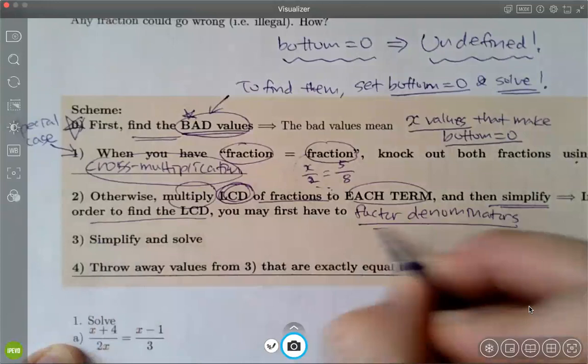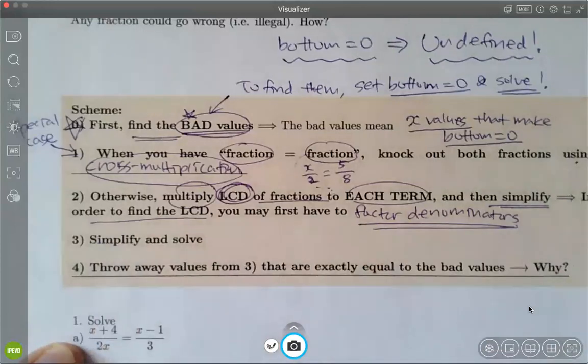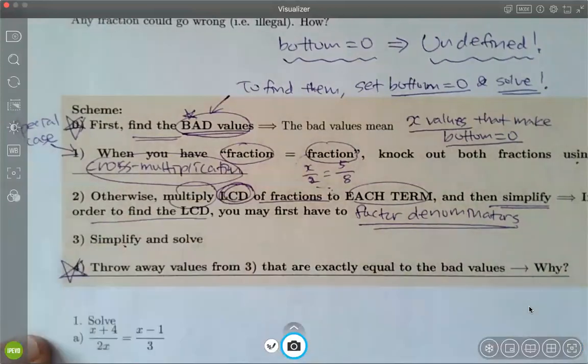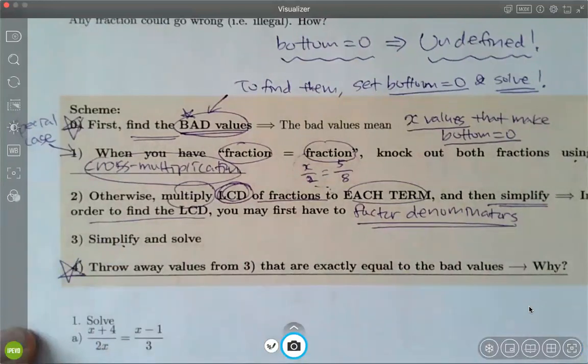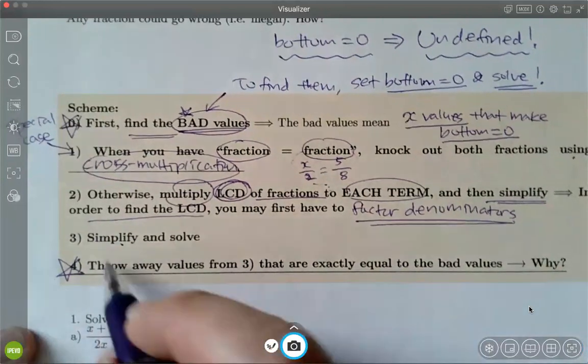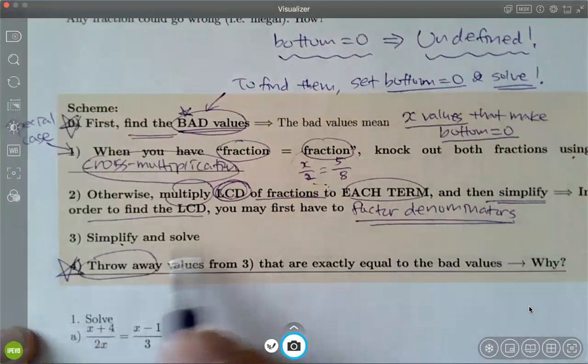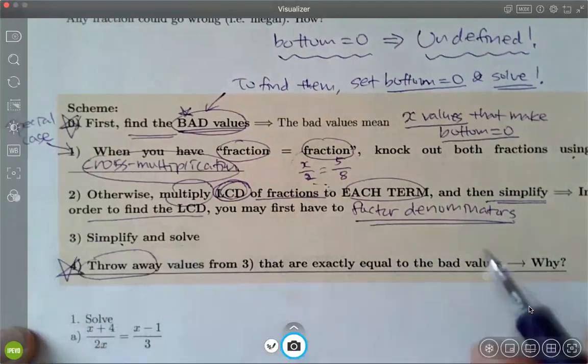In some cases, you don't have to. And then you simplify and solve. Now, that is the last step, which is so important. Throw away any values from the previous step that are exactly equal to one of the bad values.